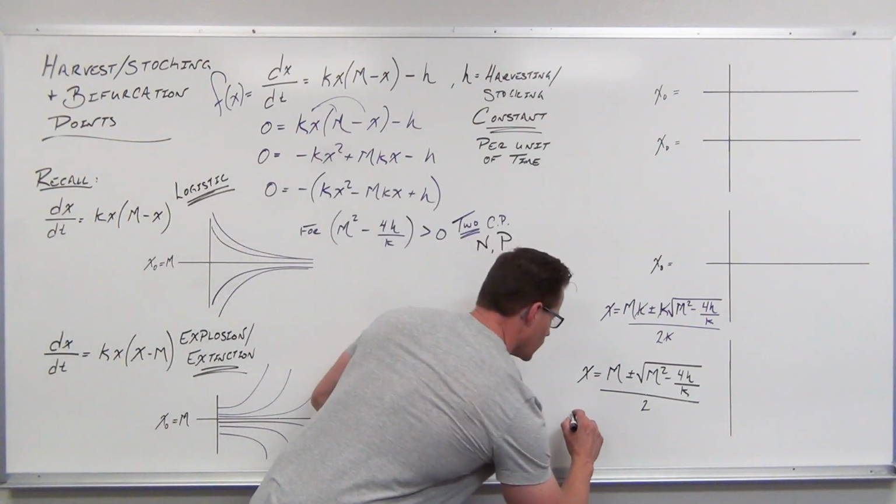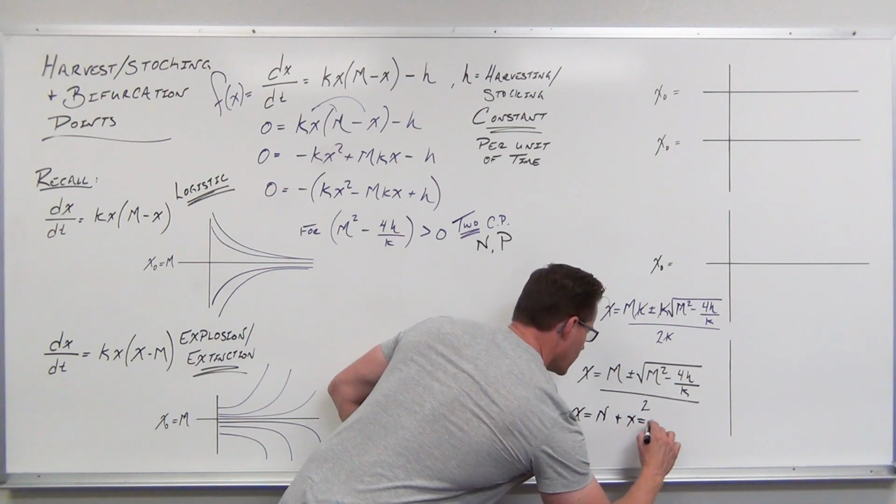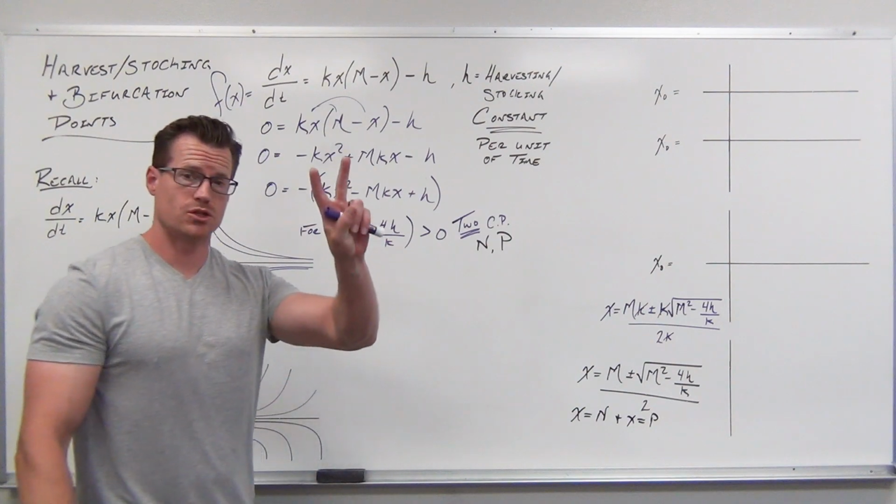So x would equal n and x would equal p, 2 critical points.